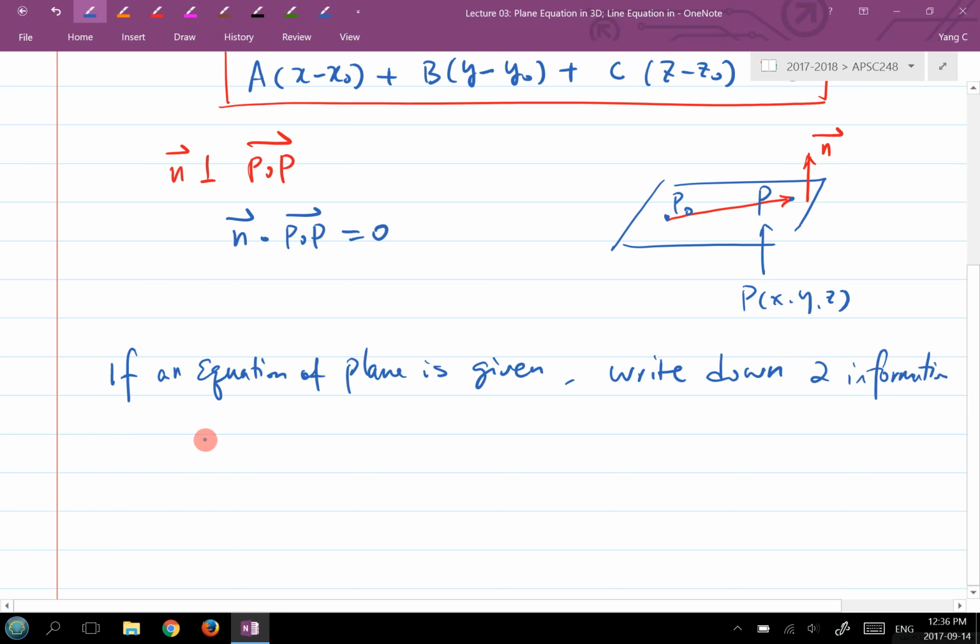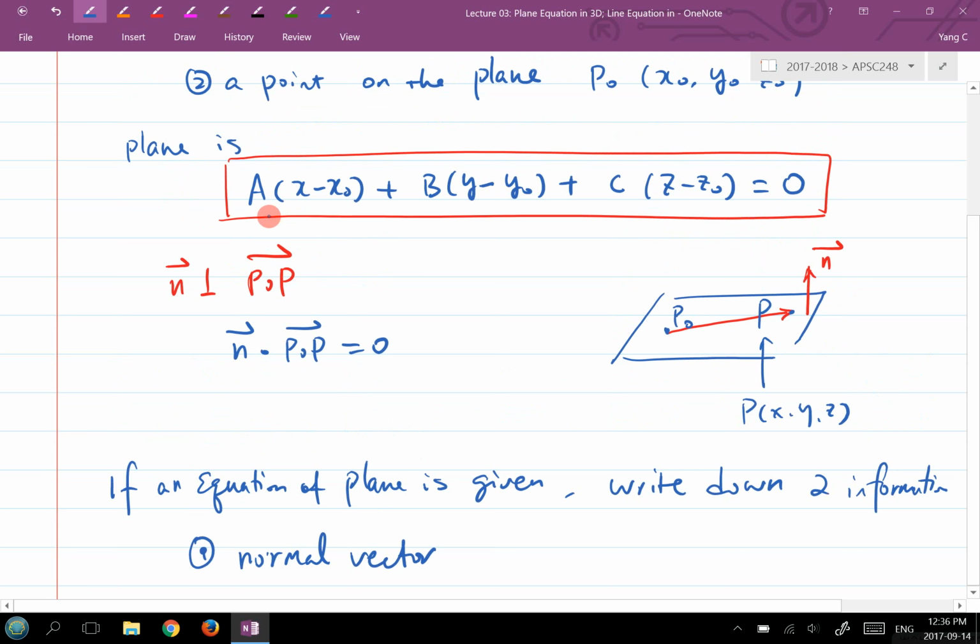Number one is, that's right, you can write down the normal vector. That's the first thing you need to be able to write down. And what's the normal vector? It's essentially the coefficients for x, y, and z.